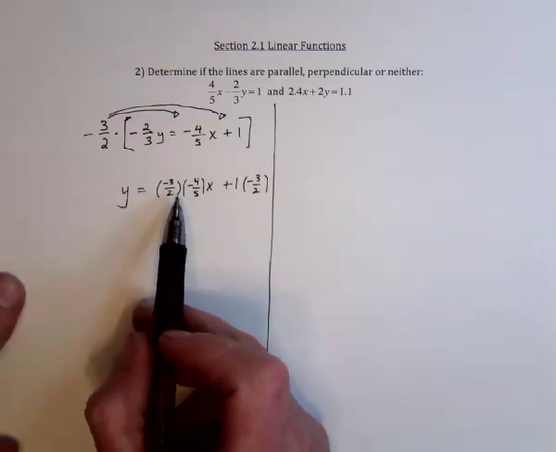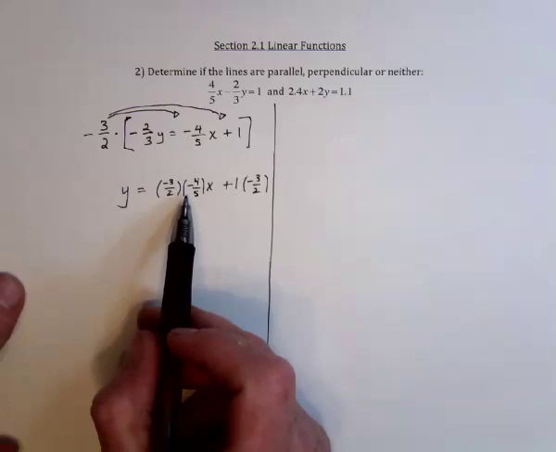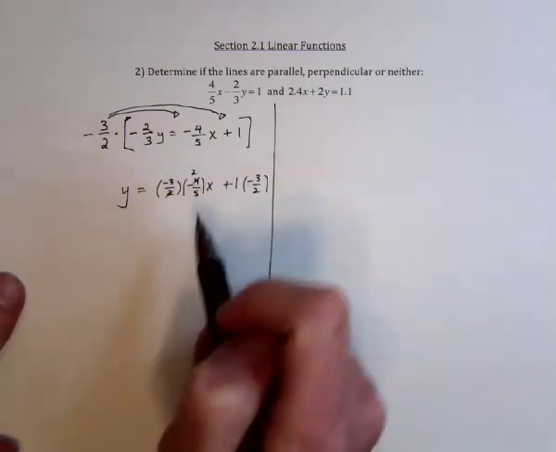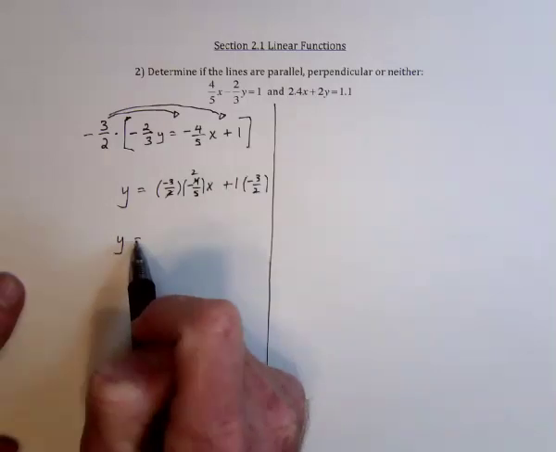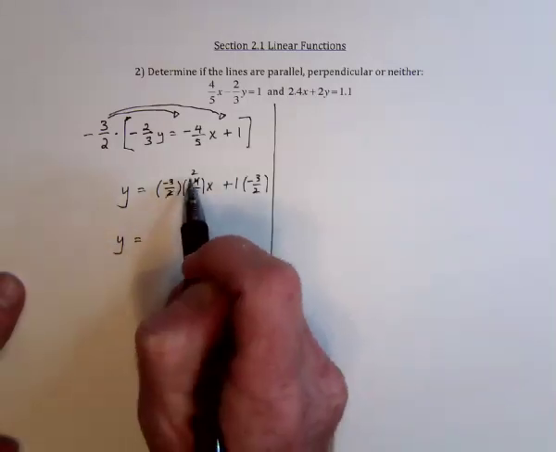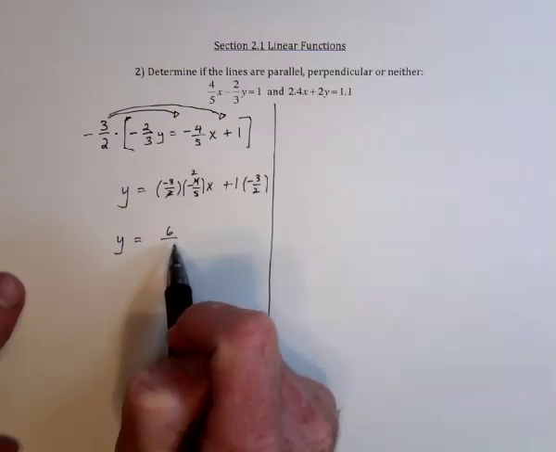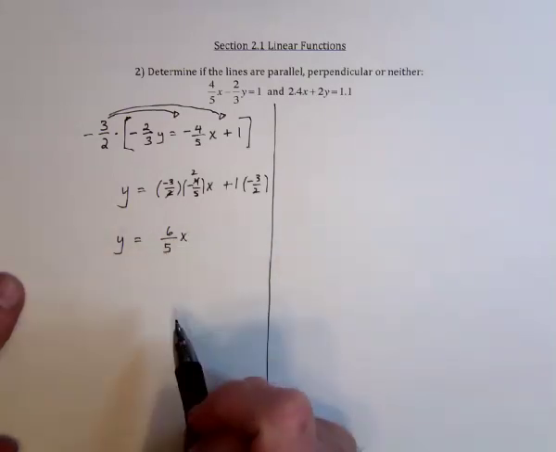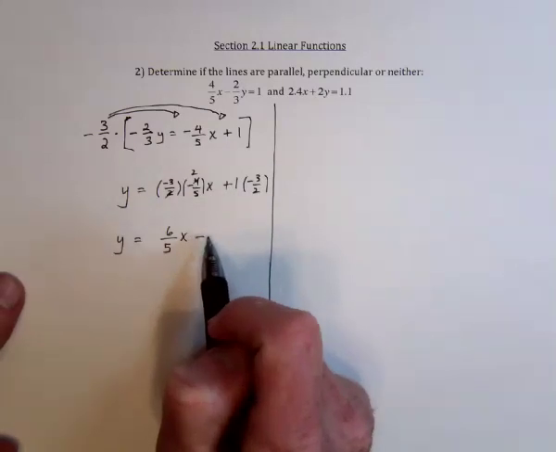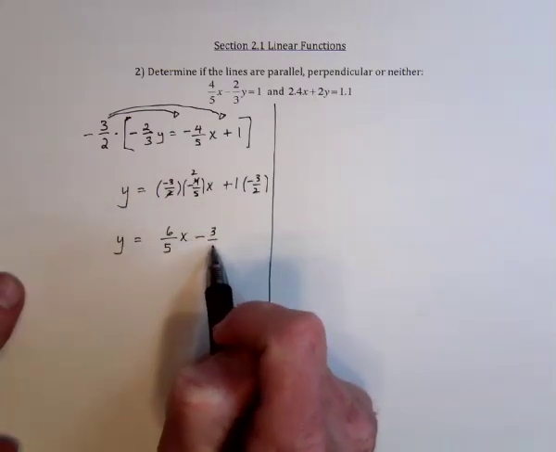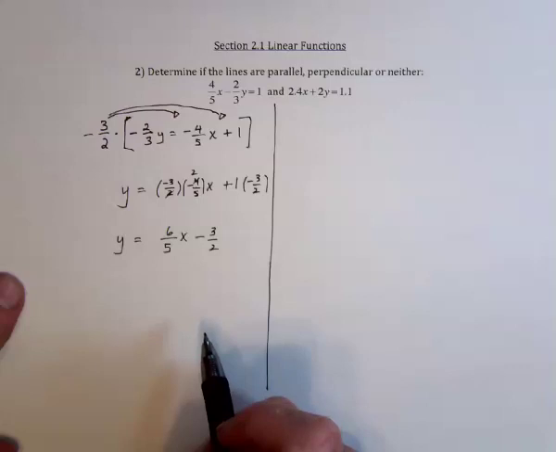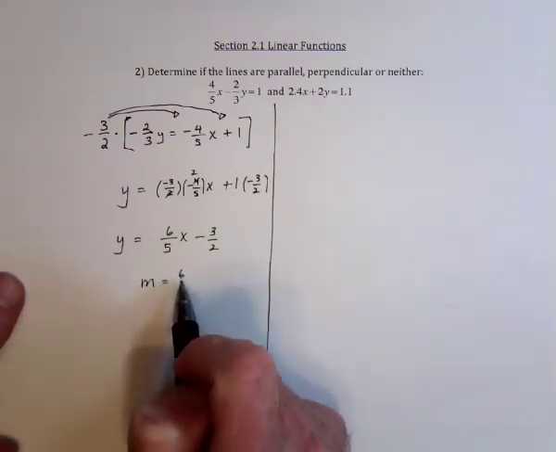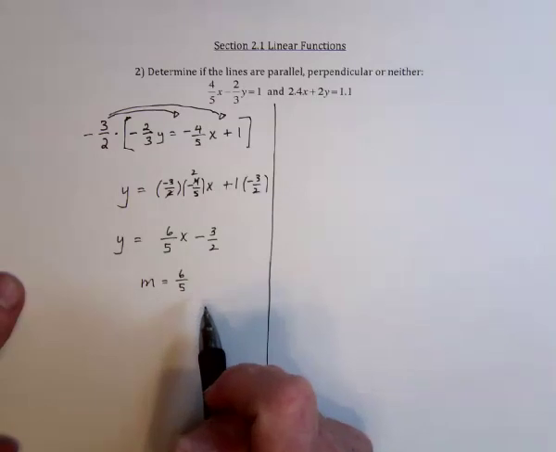In here I can reduce a little bit, the negatives are going to cancel, as well as a 2 will divide into a 4 two times. So it is a +6 for the numerator and a 5 for the denominator. And then we've got x, and subtract 3/2. So for this one, the slope is the number sitting in front of x, 6/5.